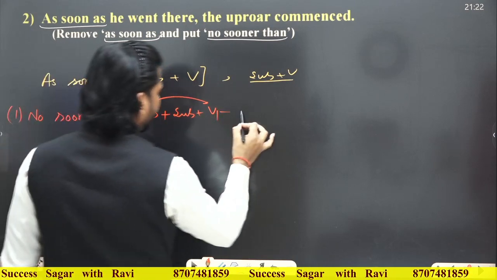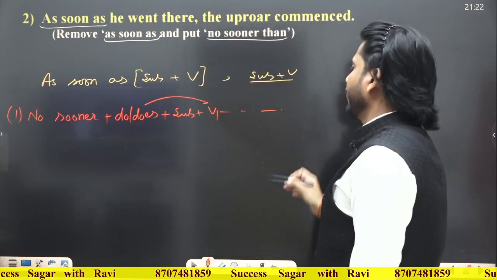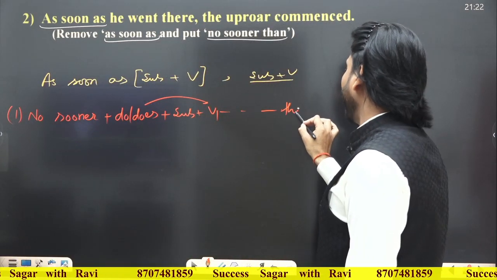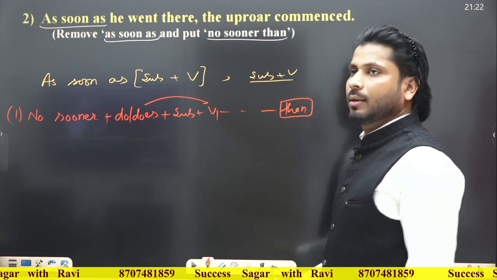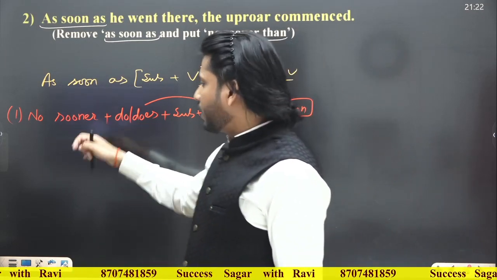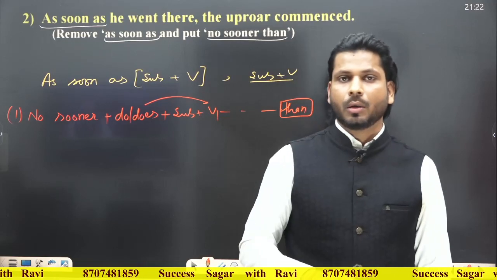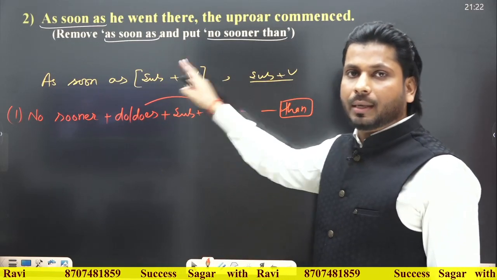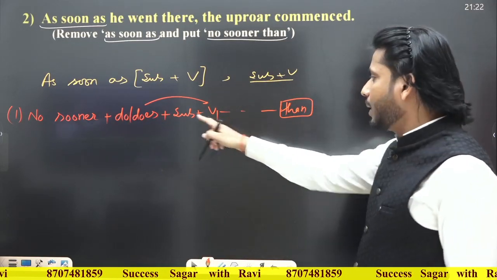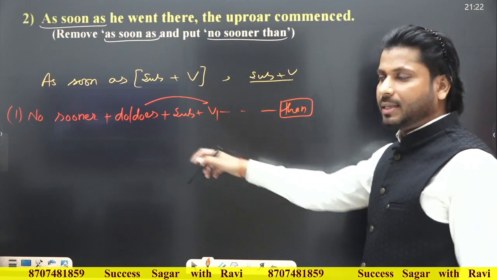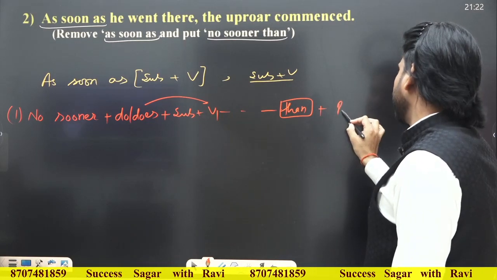This one would be followed by than. You know why than? There is a reason. Because sooner is the comparative degree of soon. So if we are using the comparative degree over here, that is why we are using than in the given sentence. Since the first part of the sentence is written in present, we'll have to use present indefinite tense here.